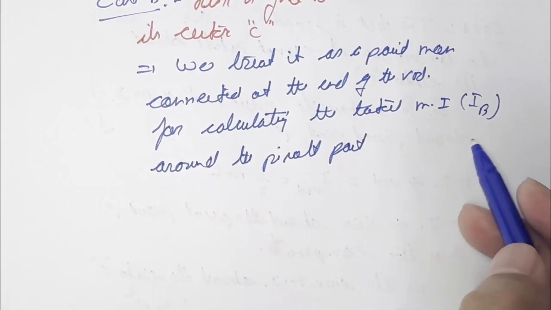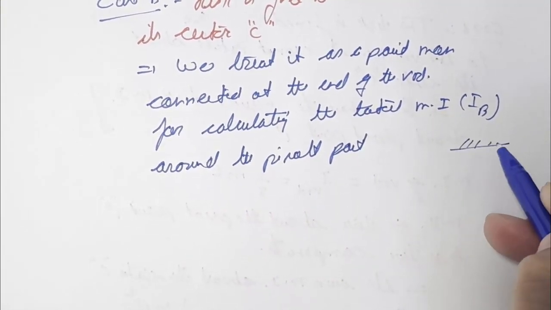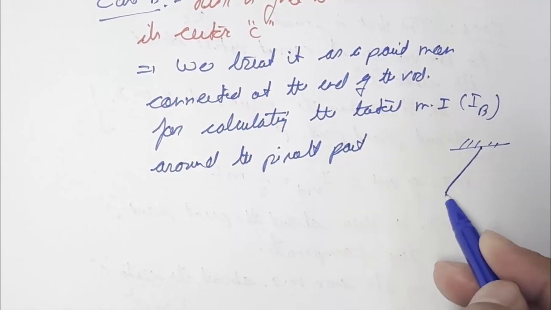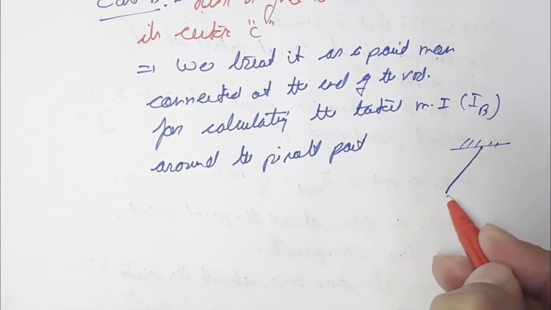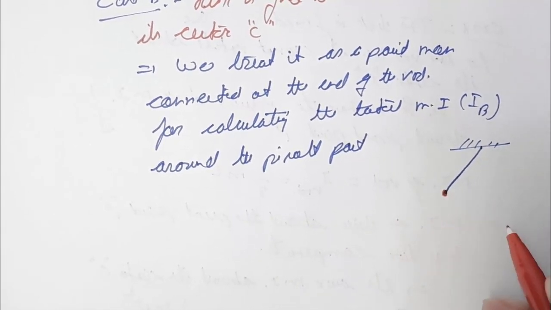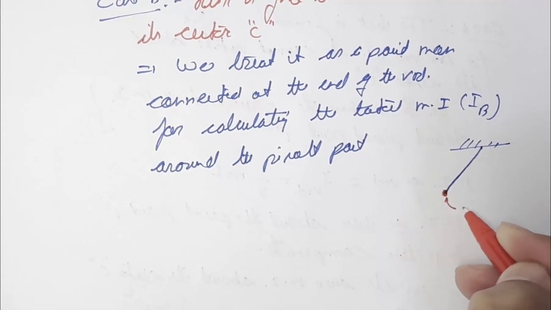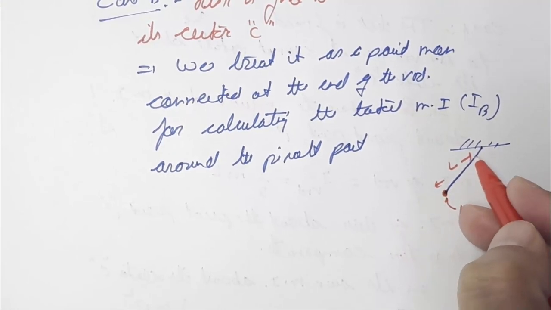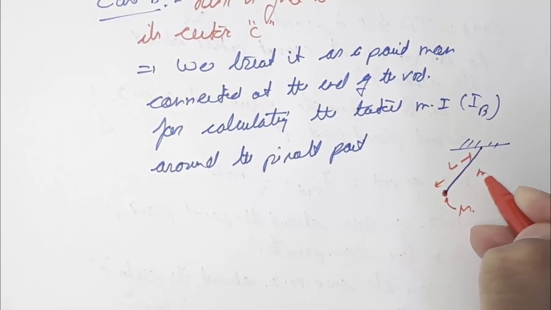So for the second case, we can just draw a rough diagram also. So this is our rod, and the disc will be now treated as a point mass. This will be the disc, and the disc is going to have mass m, and the length of the rod is given as L, and the mass of the rod is given as small m.